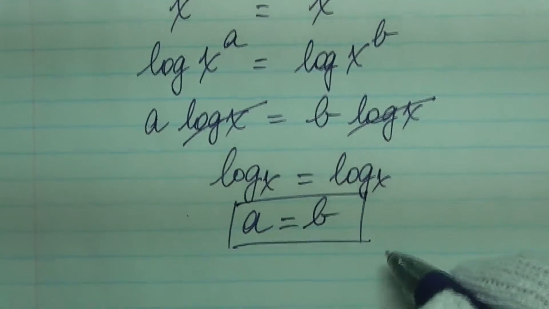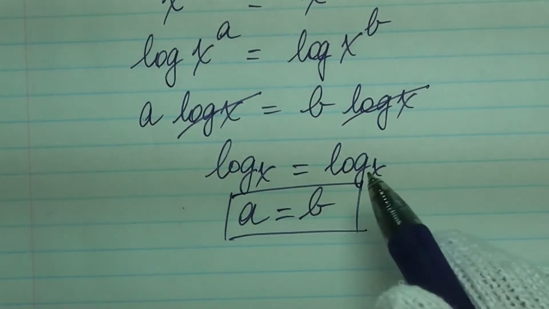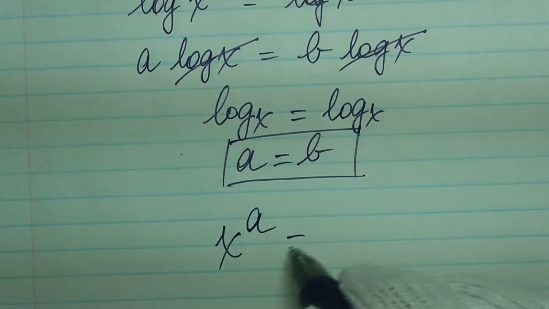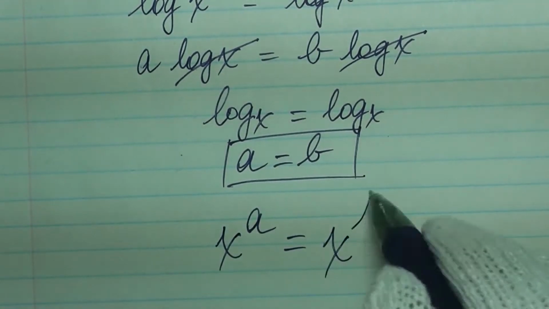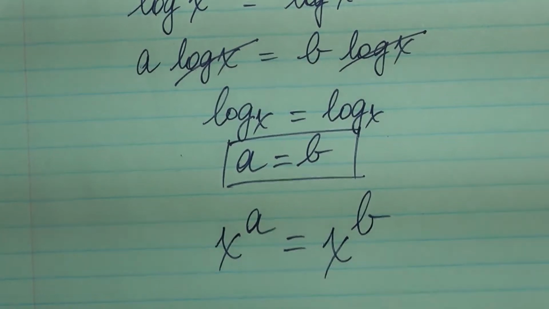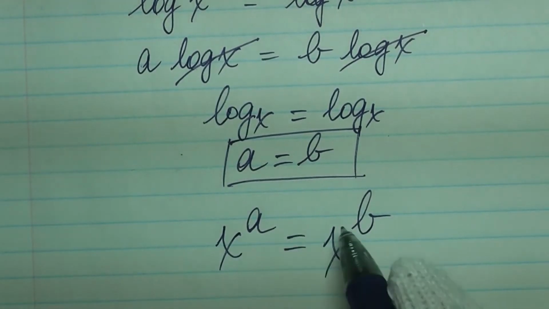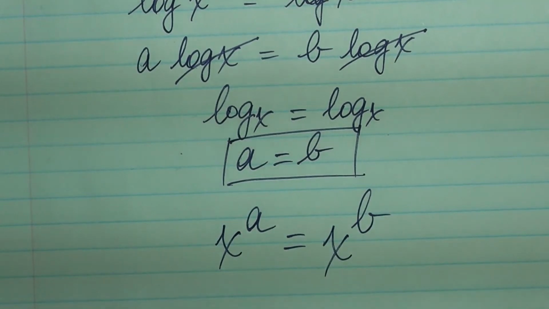This is really useful, because what it implies is if we can write an exponential equation like this, since x is the same, it implies that a is equal to b. So here's the rule.